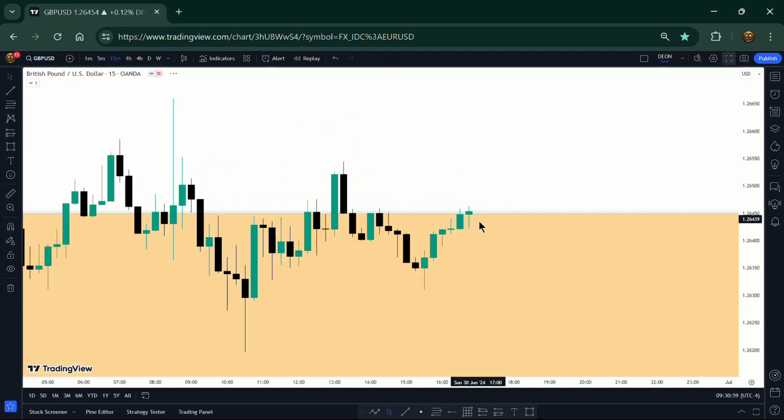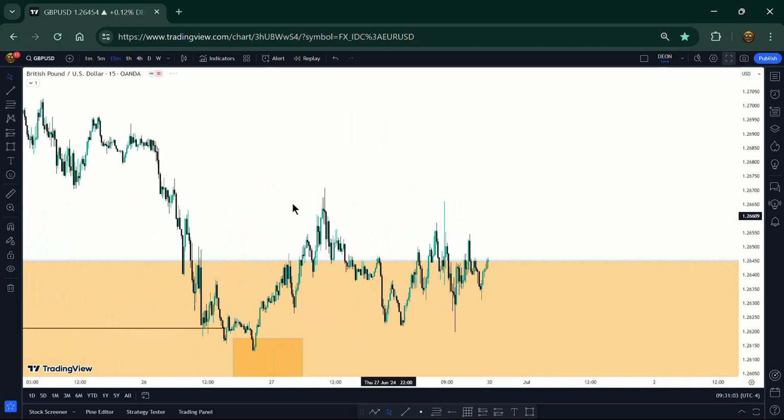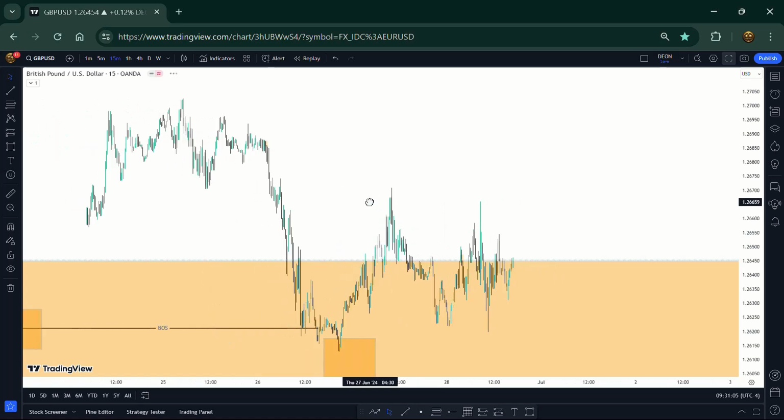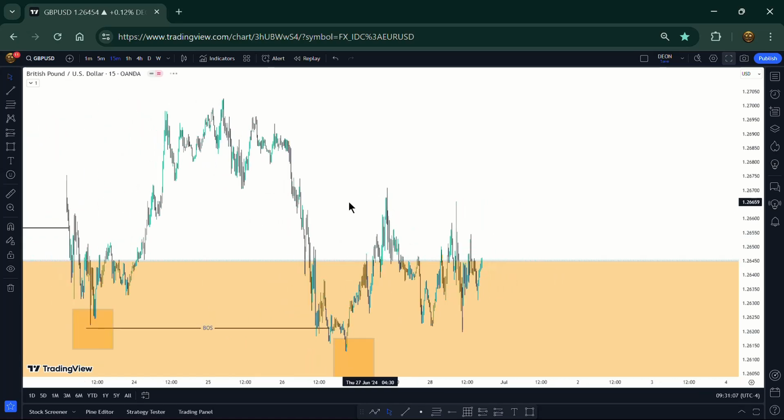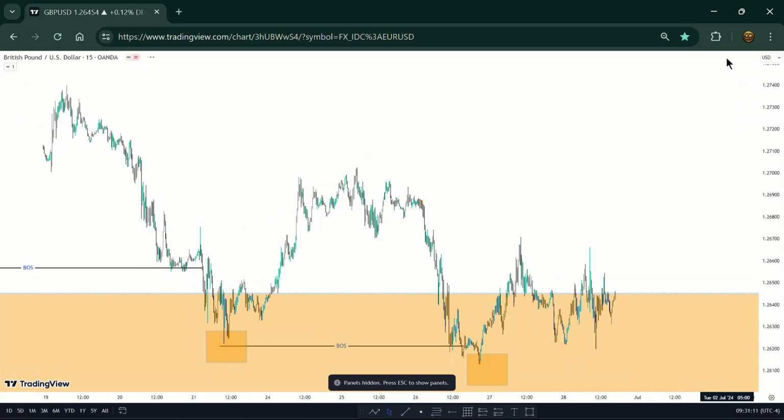Because while you are mapping your structure here, you expect the market to take out inducement at a certain point. Now, inducement won't just be taken out on random places. All right, the market has to react to a certain level and then go and take out inducement.